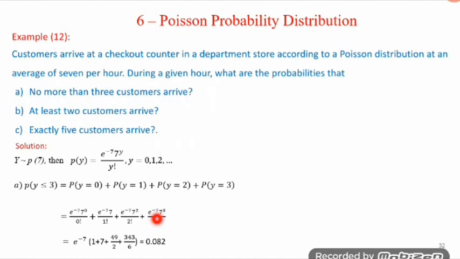Now move to number B, which is at least 2 customers arrive. At least 2 means 2 or more.